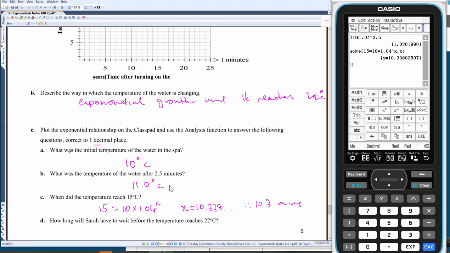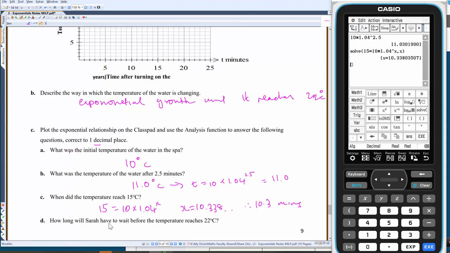This one here, we should probably put our working out in, which is temperature equals 10 times 1.04 to the power of 2.5 equals 11.0. So that's the working out for that one.